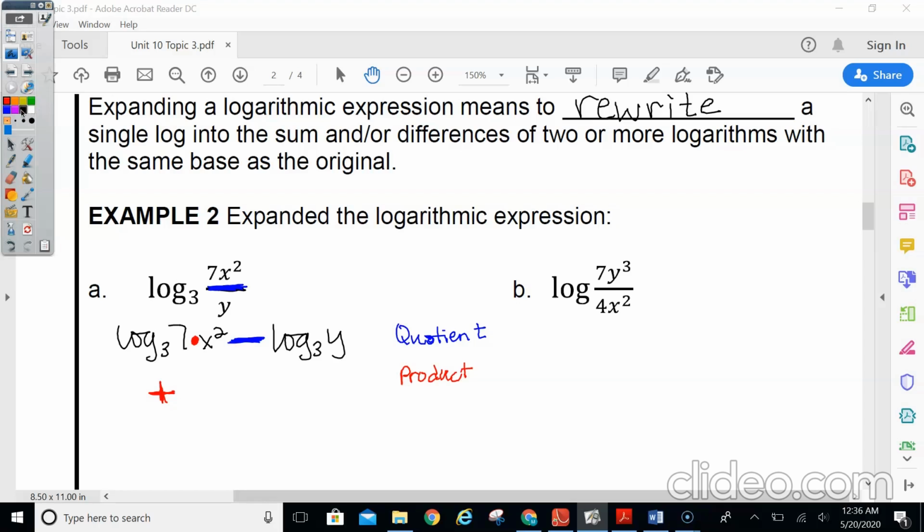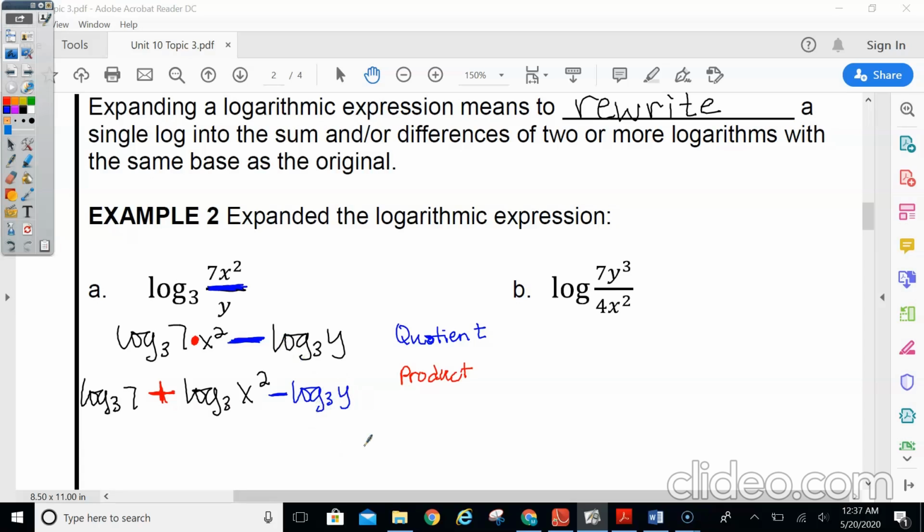So I'm going to add log base 3 of 7 plus log base 3 of x squared. And I still have this part, minus log base 3 of y. Okay, so this one's just going to stay.